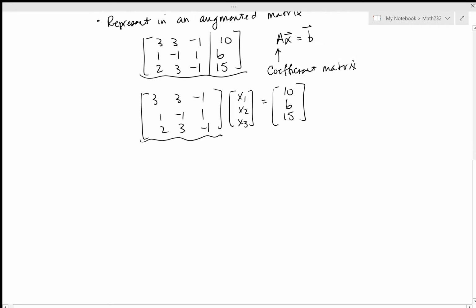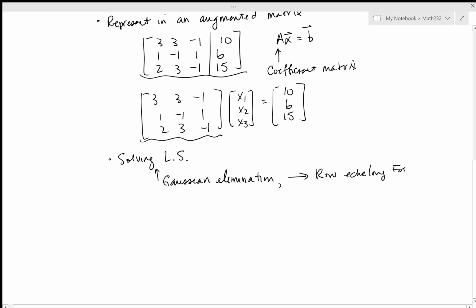Then we learned how to solve the linear system. How did we do that? Well, we had Gaussian elimination, and that took us to what we called row echelon form.